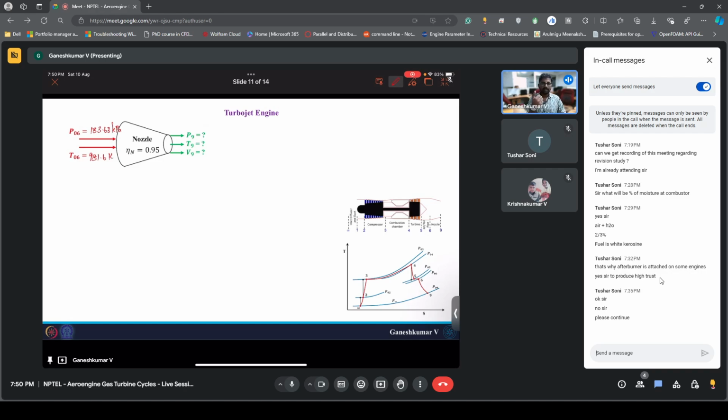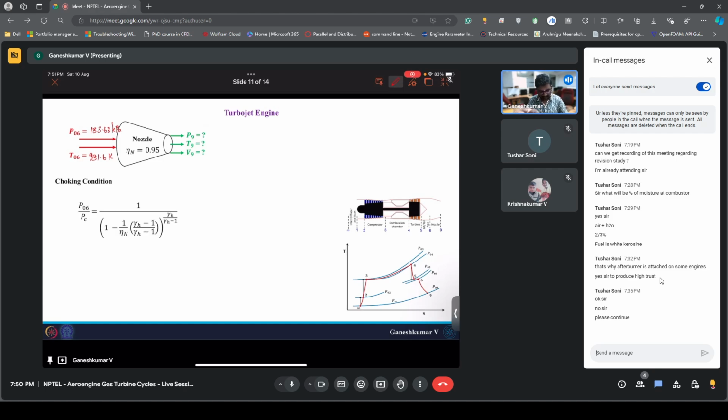Based on whether the nozzle is choked or not, the pressure and temperature at the exit will vary, and accordingly the velocity also varies. So first we need to check whether the nozzle is choked or not.